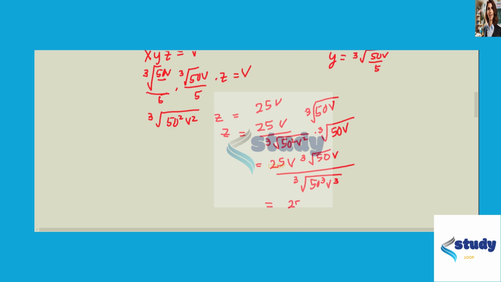So I have 25V cube root of 50V over 50V. So the V's cancel and the 25 cancels and leaves you with 2. So I get Z equals the cube root of 50V over 2.